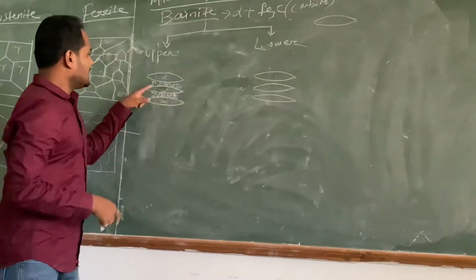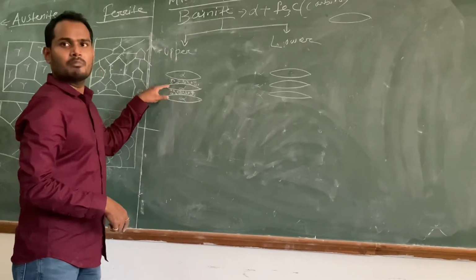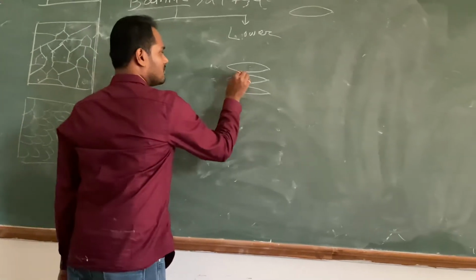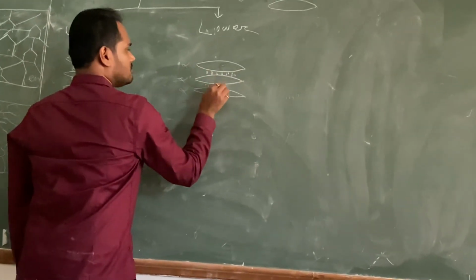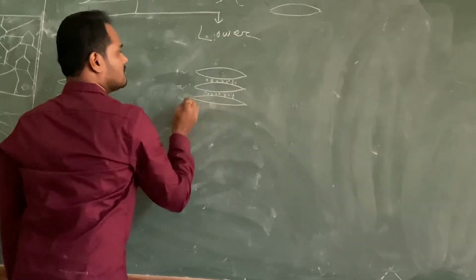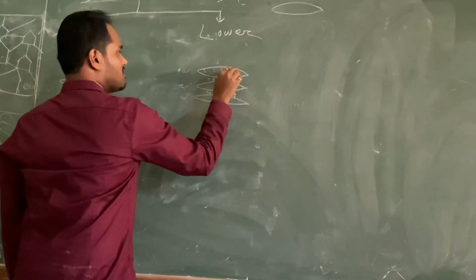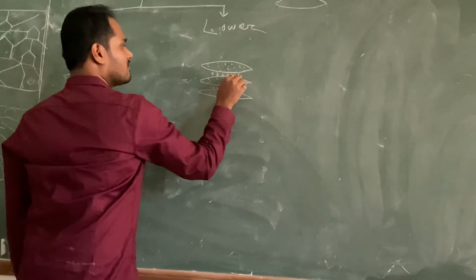Now, in upper bainite, the cementite has precipitated in between the plates of ferrite. But here, same thing happened, but just look at this. What is this? Some cementite precipitates inside the plate, right?